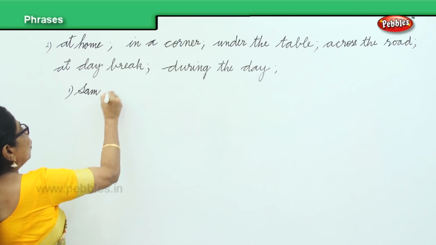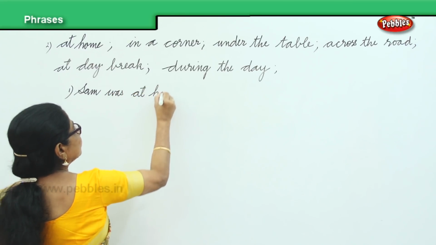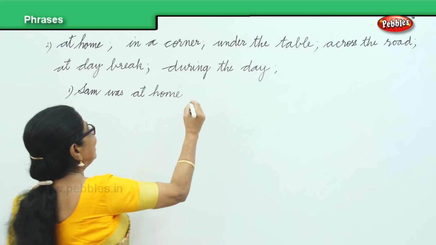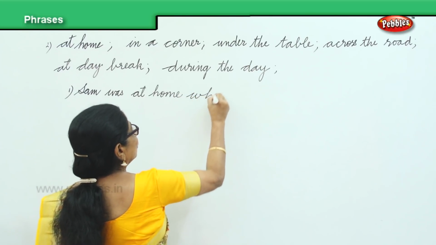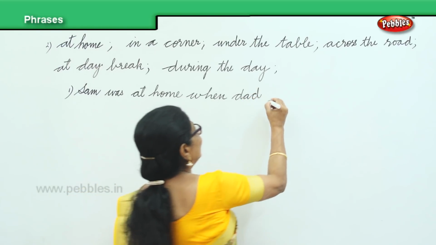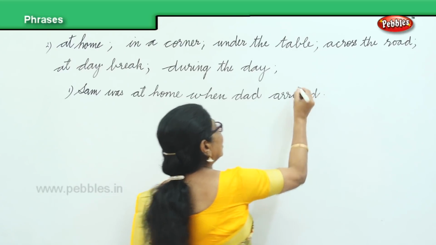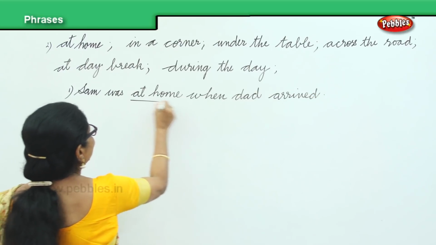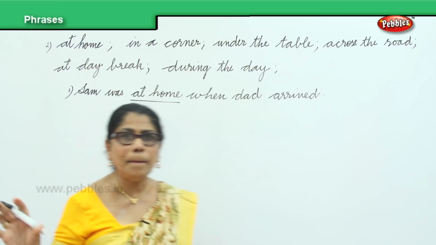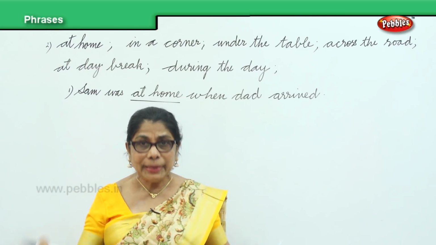Sam was at home when Dad arrived. We used at home. The words at home by themselves make sense, but we are making a complete sentence.